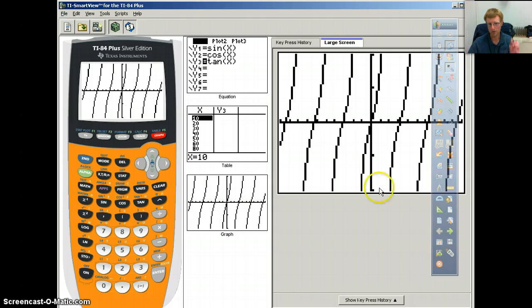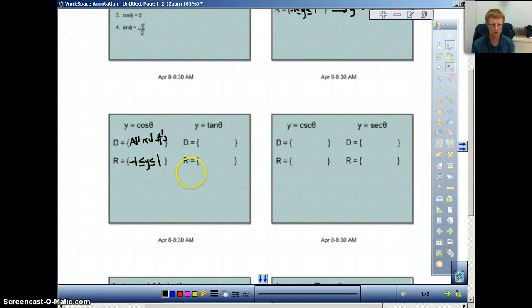And if you think about it, if we go back to talking about tangent, remember tangent is equal to sine of theta over cosine of theta. So if that's the case, wherever cosine of theta is equal to 0, that's going to be undefined. So because it's undefined, we're going to have asymptotes at each one of those.